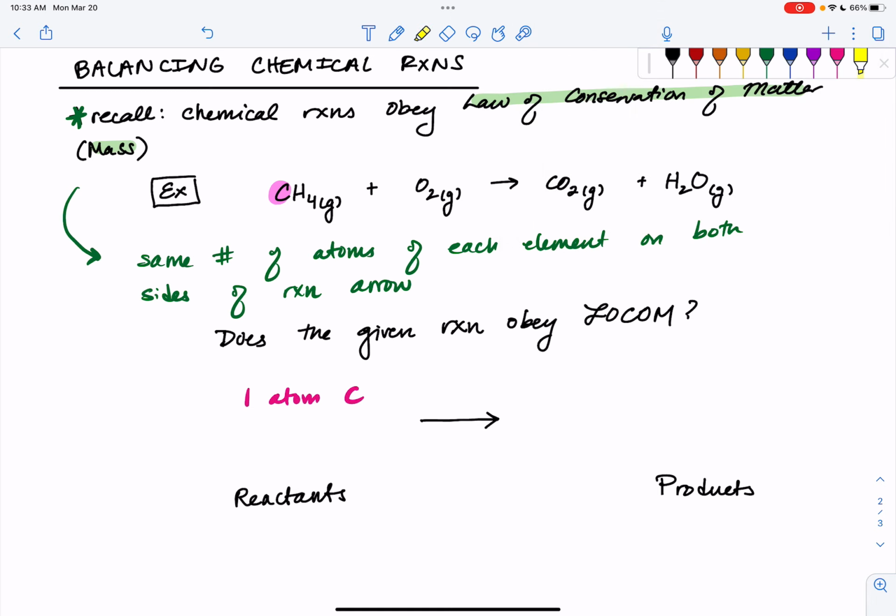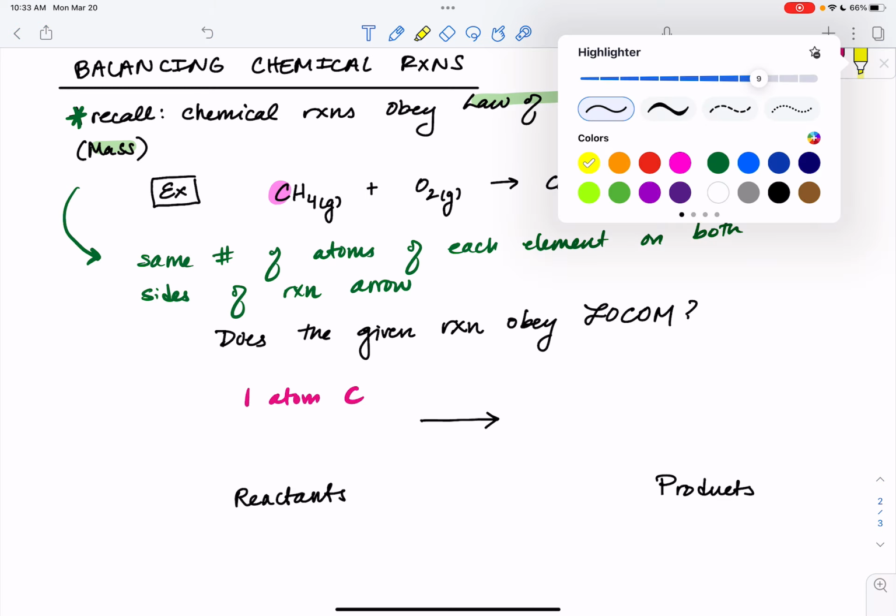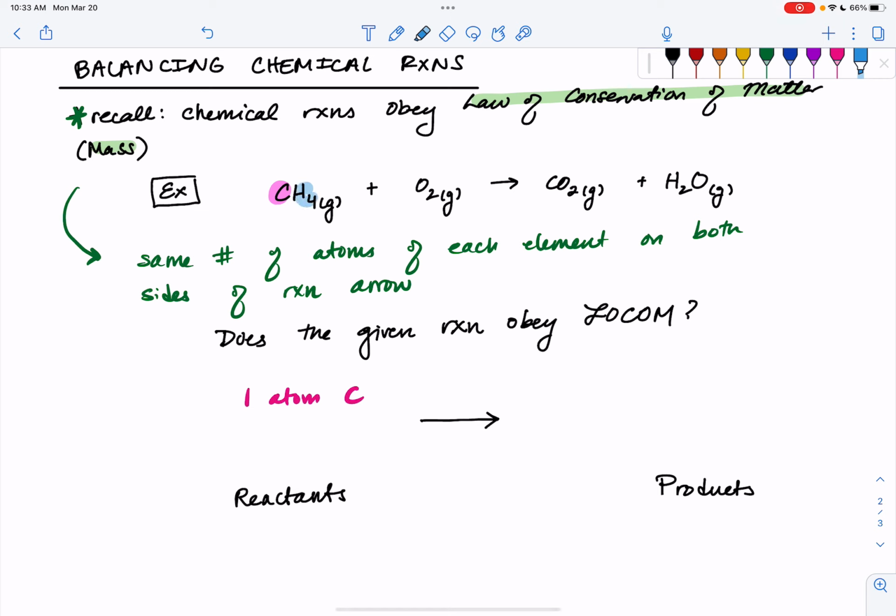All right, let's look at hydrogen. So again, looking at both of my reactant molecules, I've got methane CH4 and oxygen O2. Oxygen does not contain any hydrogen, meaning the source of all the hydrogen thus far is our methane.